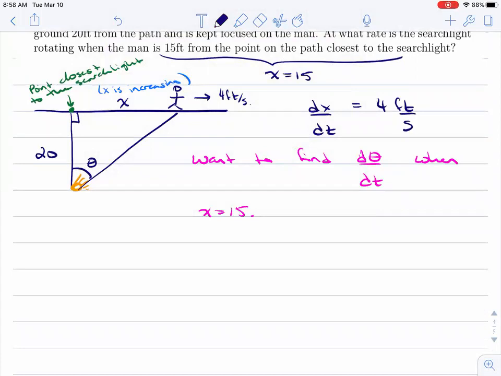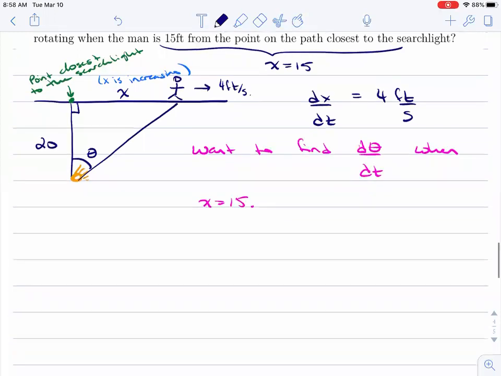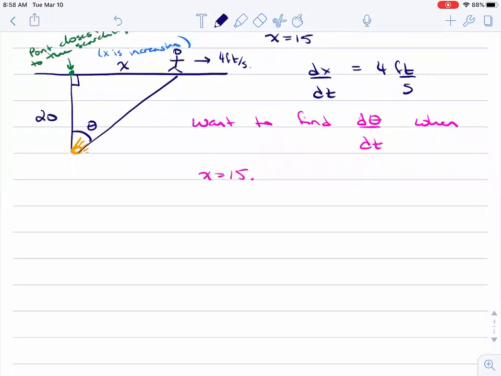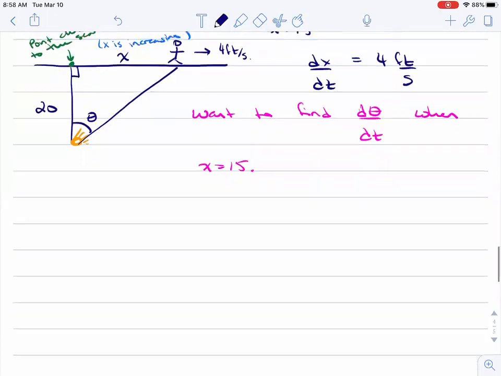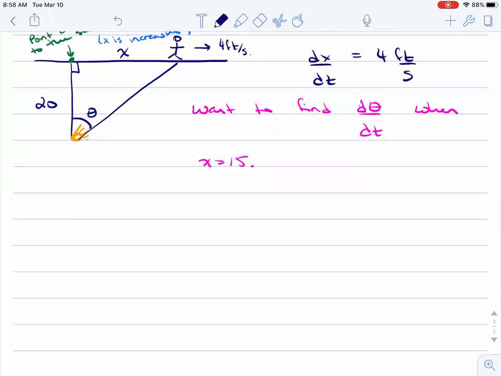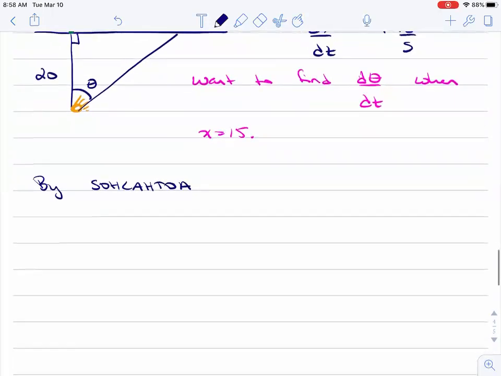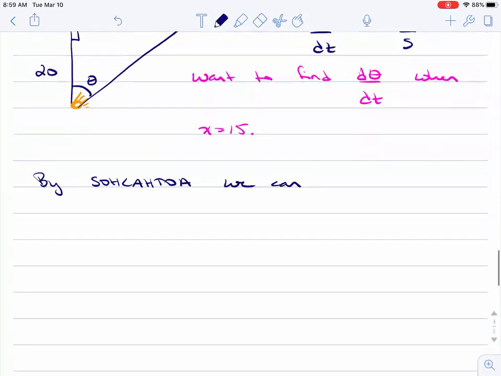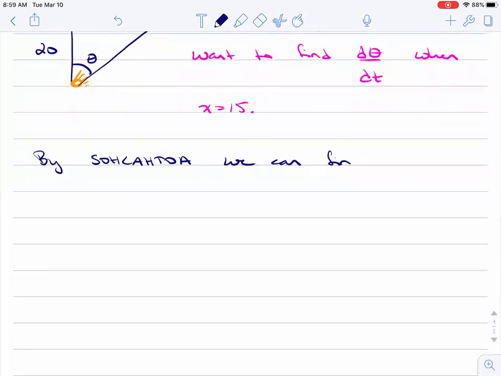So I can relate x and 20 and theta, right? Because I know from SOHCAHTOA, if theta is the angle and I've got the adjacent and the opposite, then by SOHCAHTOA we can find the relationship.